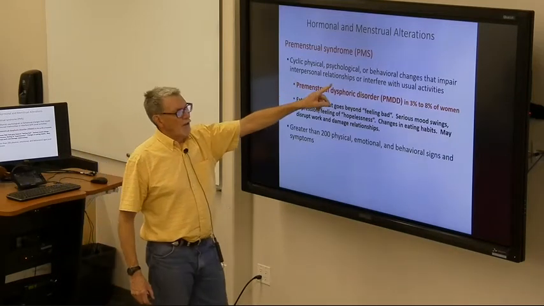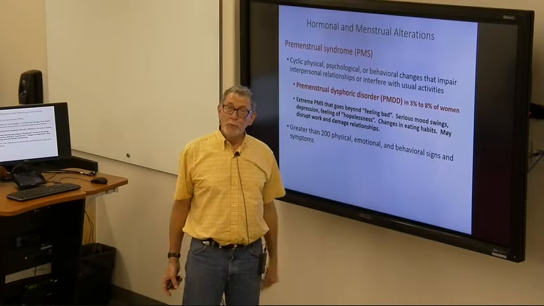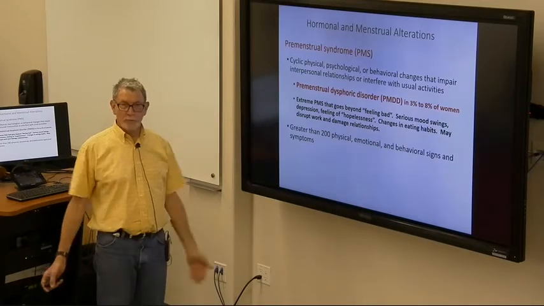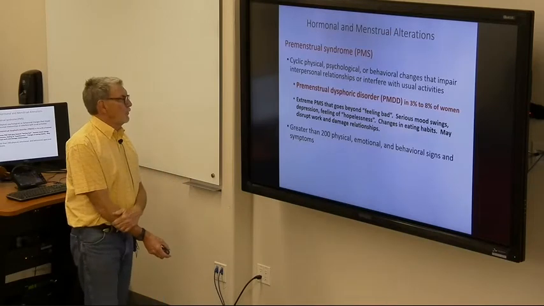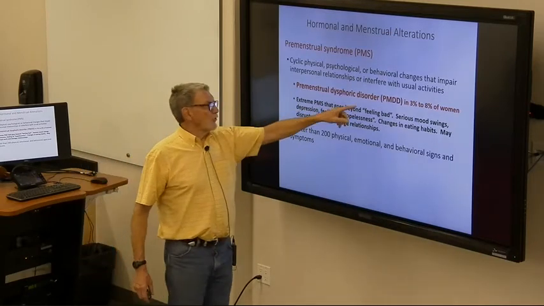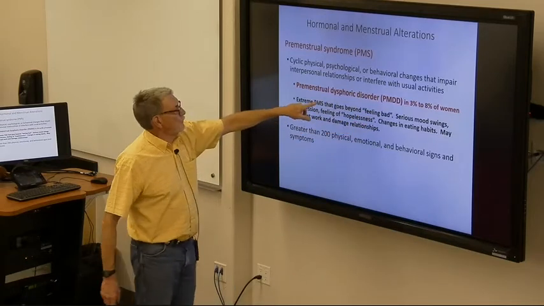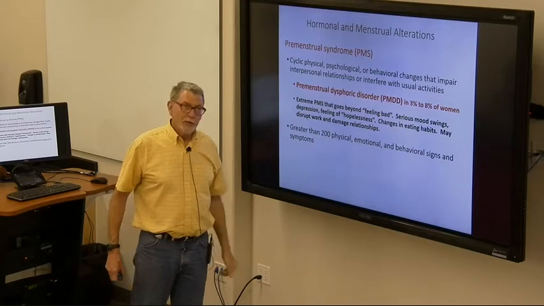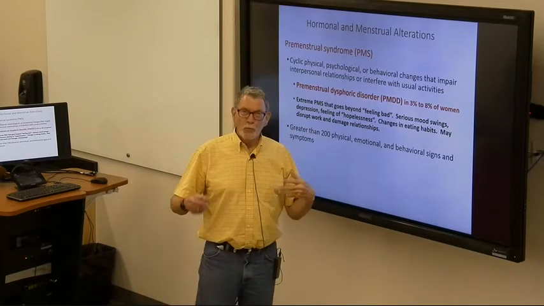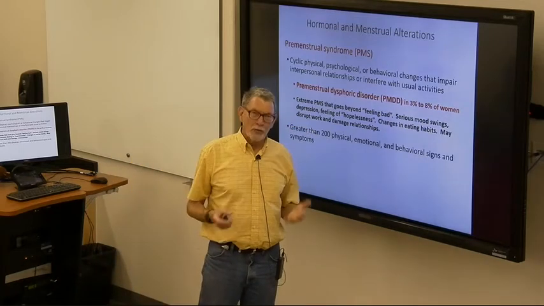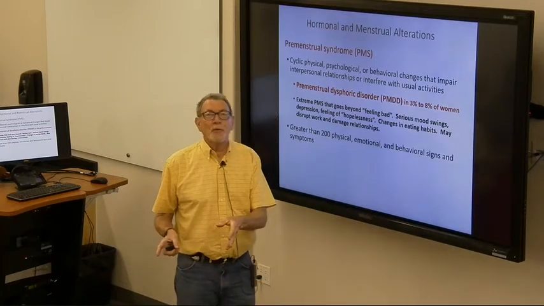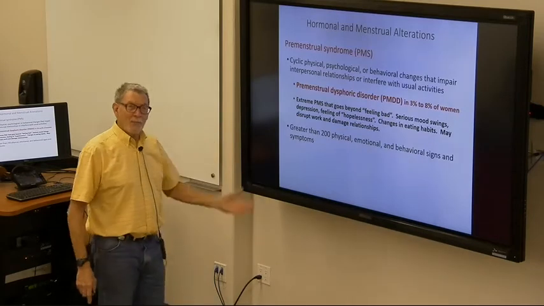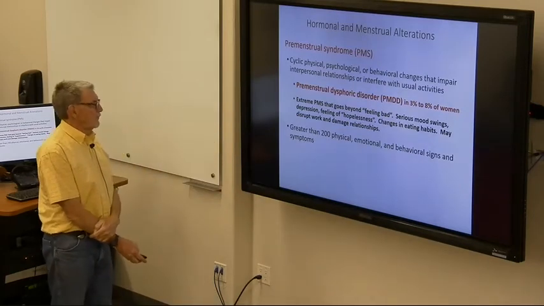Sometimes it's bad enough to cause problems in relationships or their ability to actually perform their tasks that they would like to. If it really gets bad, it's called PMDD, dysphoric disorder, which is profound. It's almost like having a migraine. The person may have to vanish for a day or so in trying to get over this so they can get back to their normal self.